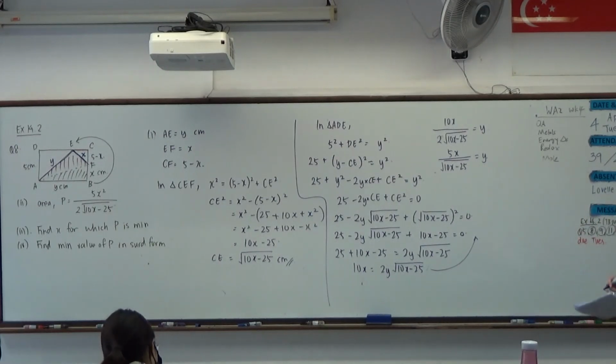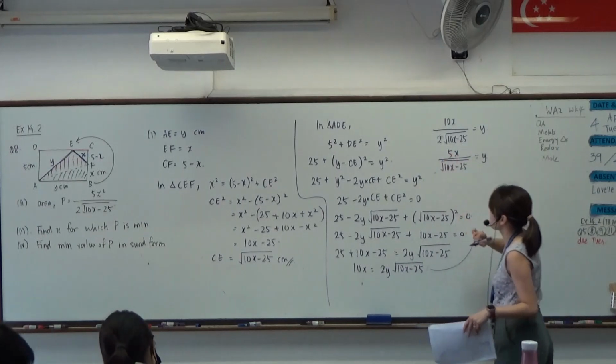So then we can find that y is equal to 5x over square root of 10x minus 25.